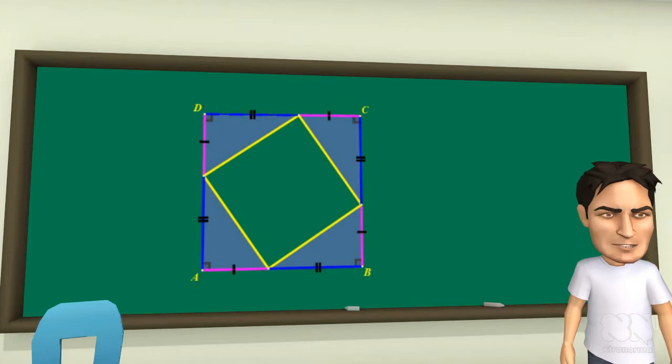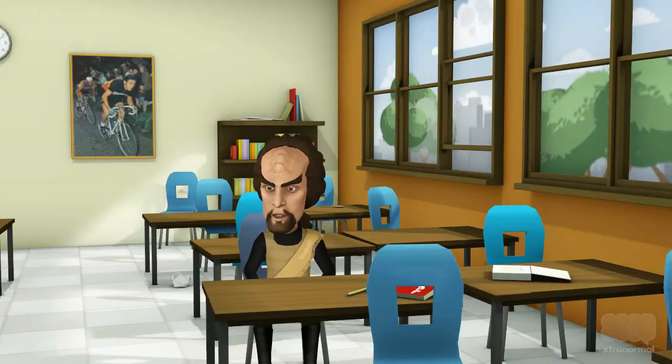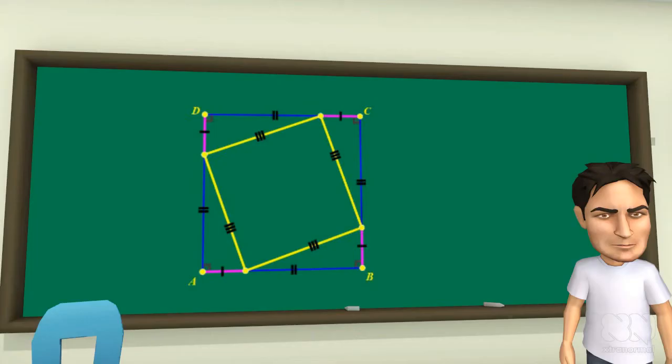Now, by the definition of congruent triangles, what folks often call CPCTC, we get the sides of the inscribed quadrilateral to be congruent as well as the corresponding acute angles of the right triangles. Now, what do you know about the acute angles of a right triangle, Zorg? They are complementary. Correct.